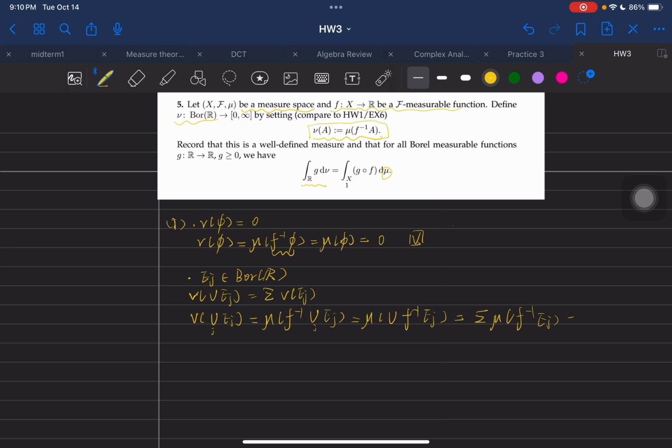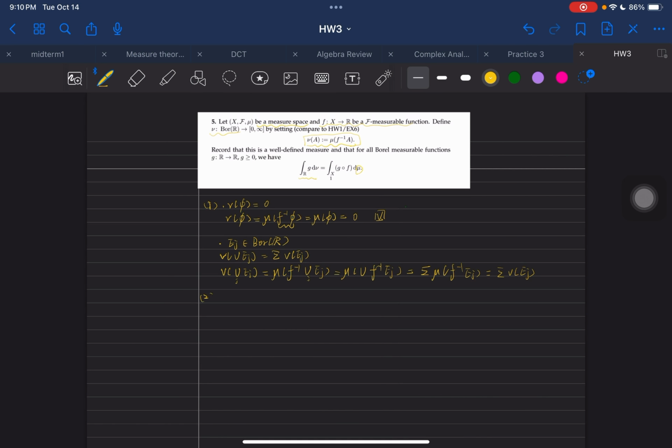And this one by definition would be the sum of nu of E_j. Okay, so now we showed that nu is a measure.